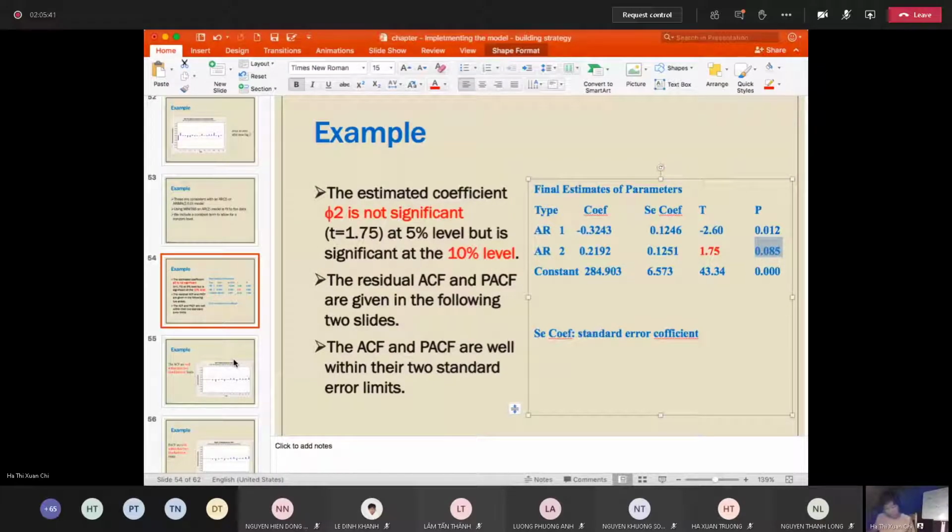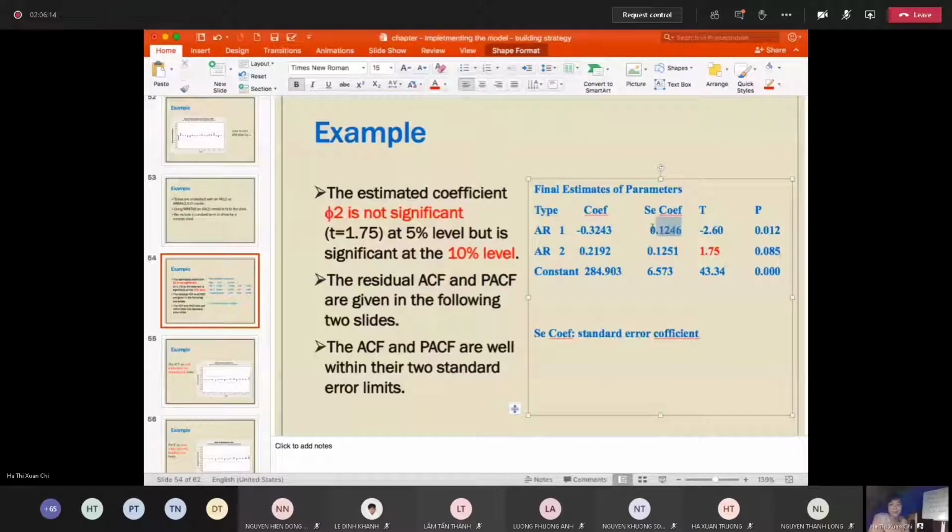Can you see it? So right now in the second step we consider the S and T value. S is how many? So you have the coefficient.